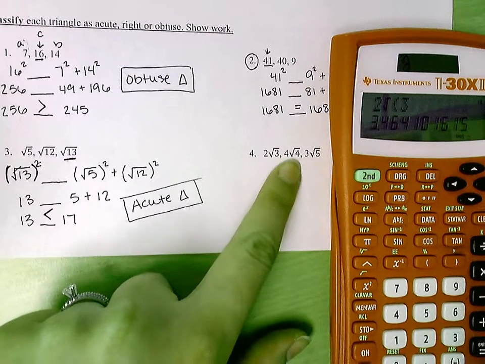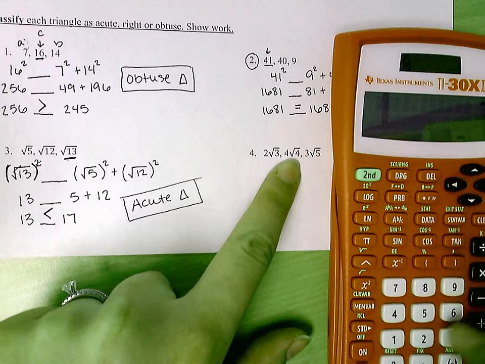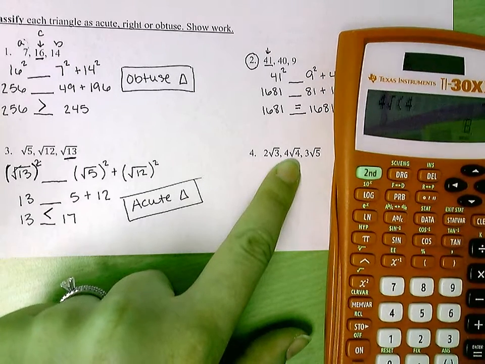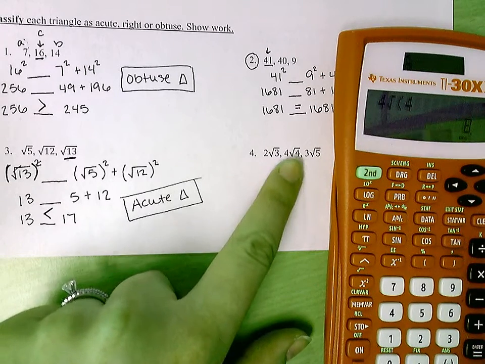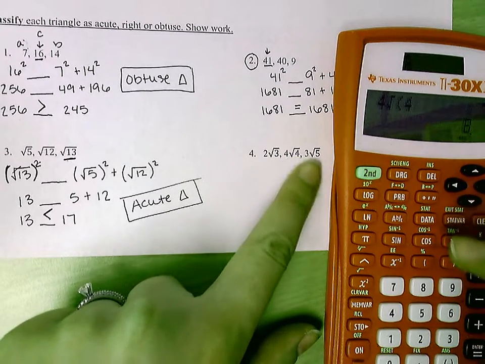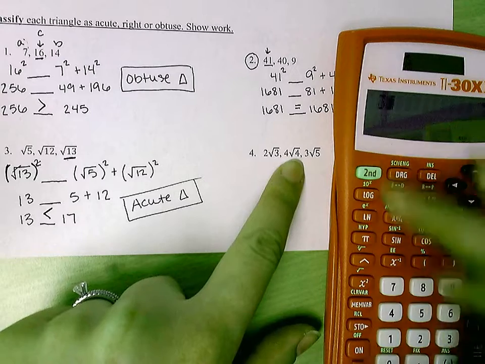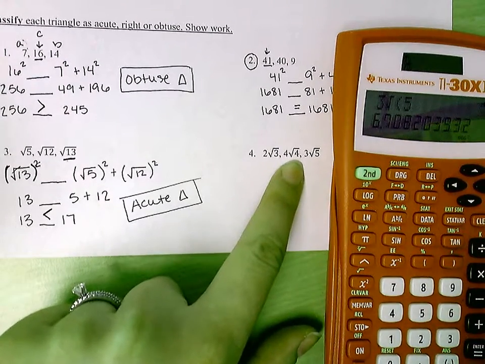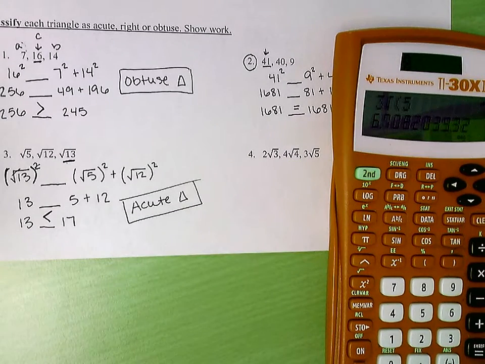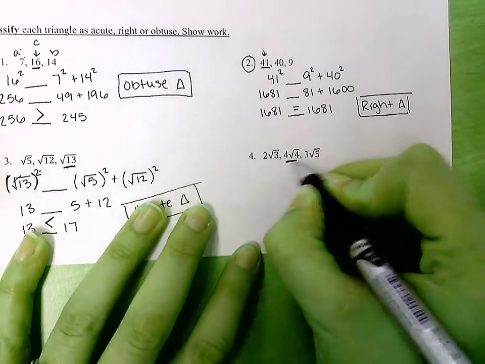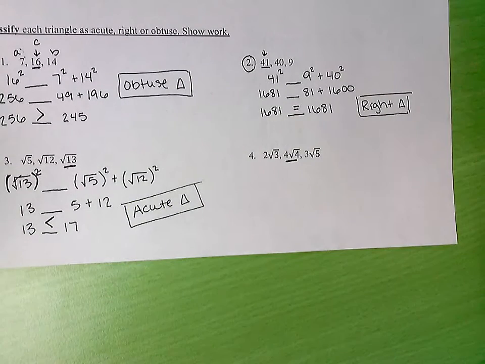Moving on, if I take 4 square roots of 4, that's going to be 8, because I can take the square root of 4. So the second one's 8, that's greater than 3.5. The third one here, we have 3 square roots of 5. Well, that's only 6.7. So that middle term was our greater number right here. So that's going to be your C value.